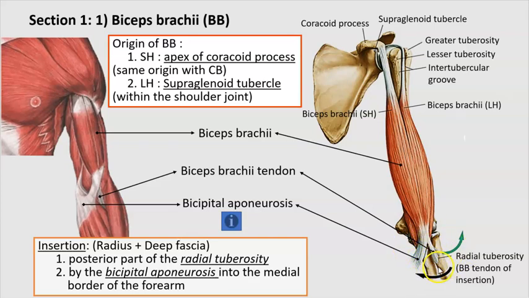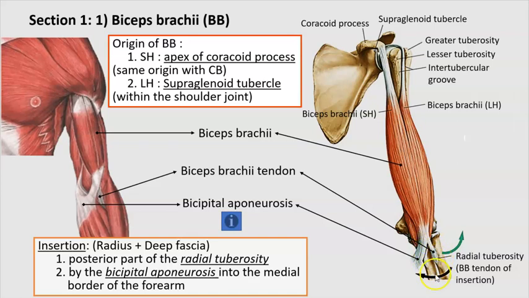So the posterior part of the radial tuberosity ni dekat medially. Kena ingat lah ni.